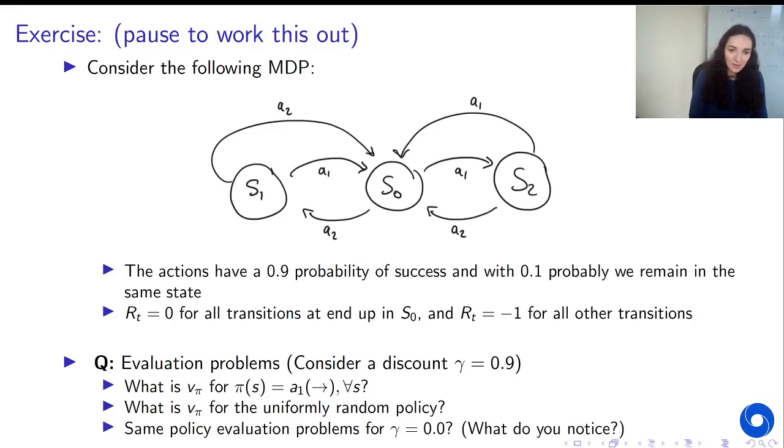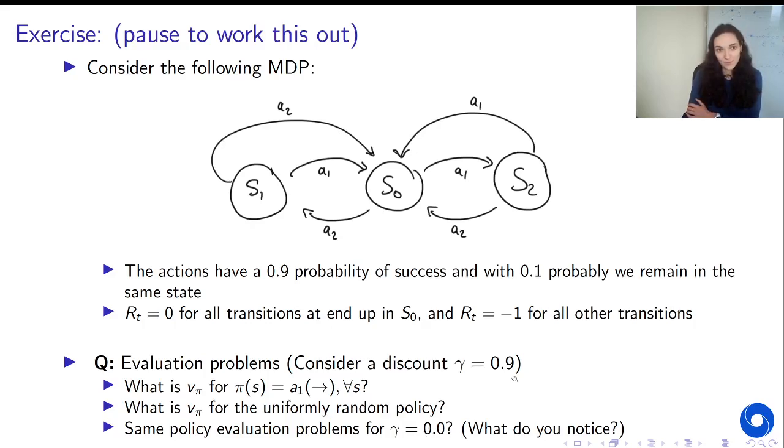And the same question for a uniformly random policy. And the last question is doing both of these evaluation problems, but now with a discount factor of 0 rather than the original discount factor of 0.9.